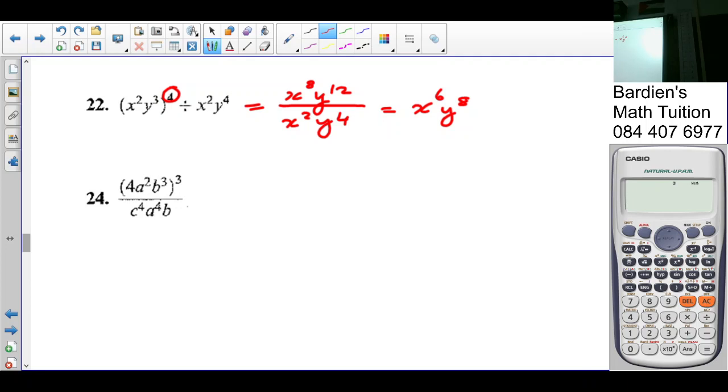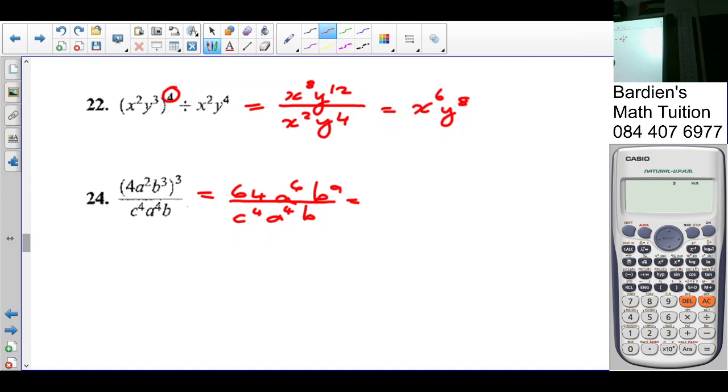Number 24, let's sort out our exponent first, which is 4 cubed is 64, a to the 6, b over c to the 4, a to the 4, b. Where's the more A's?